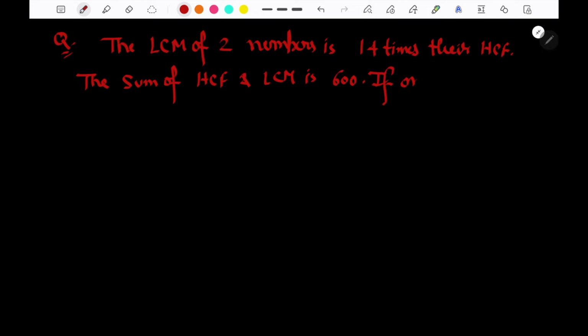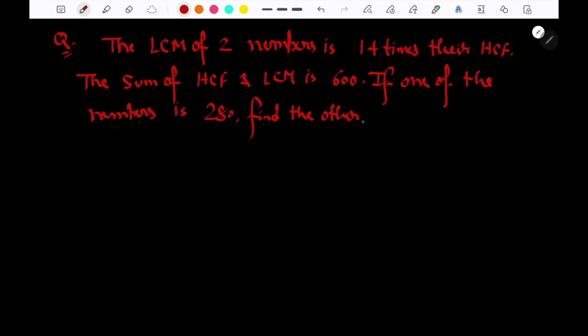If one of the numbers is 280, find the other number. Now this question basically will imply that HCF into LCM will be equal to A into B.